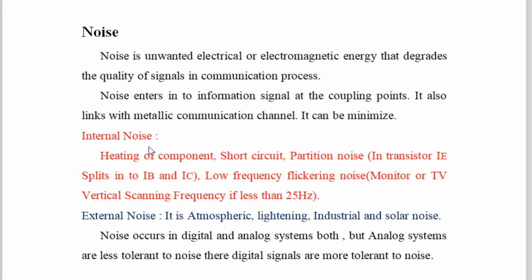So this is about internal noise. Now let us go to the other part of noise, which is called external noise. External noise is what? It is atmospheric, lightning, industrial, and solar noise. So there are four examples of external noise. Atmospheric noise, all of you know very well.